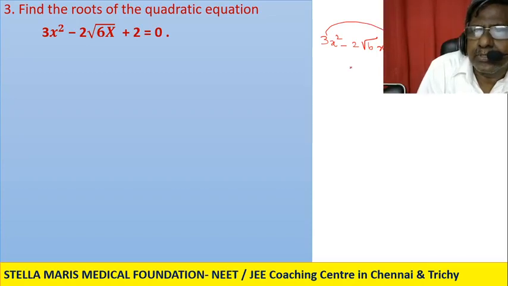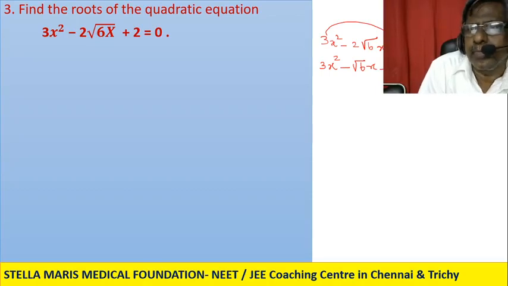So I am splitting it as 3x square minus root 6x minus root 6x plus 2 is equal to 0. If you multiply, root 6 into root 6 will give you 6. Root into root will get cancelled.